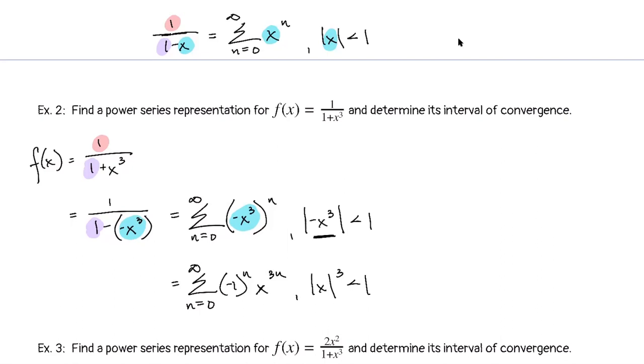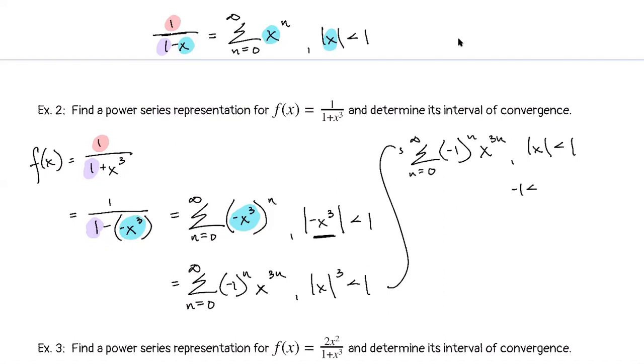That means that we're going to end up with this as our power series, and I've taken the cube root of both sides, so this is my interval of convergence, or I could write it as like -1 < x < 1. Both of those would be okay.